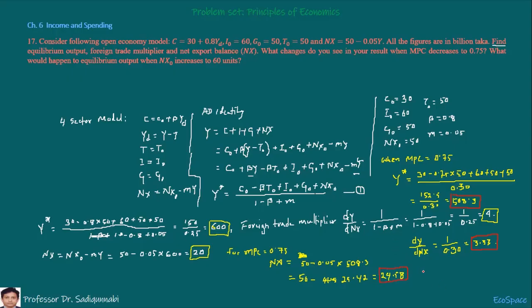So we see that when MPC decreases, national income, that means y star, also decreases from 600 to 508. Multiplier declines, and trade balance NX increases.